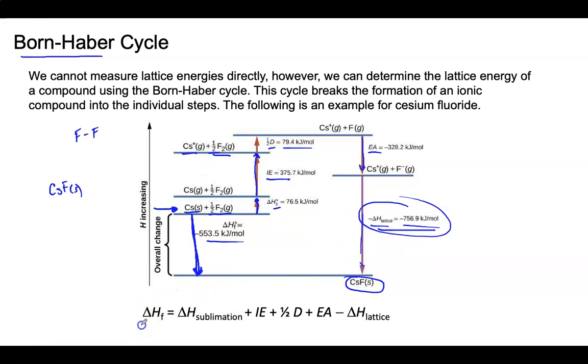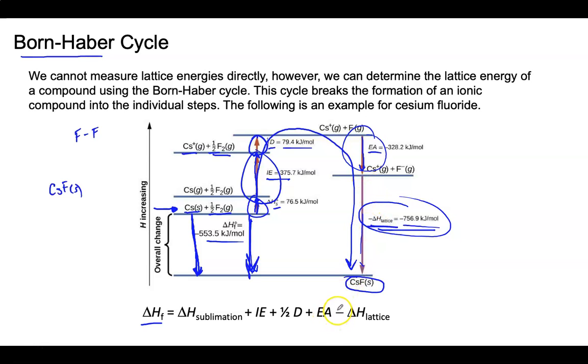Okay? So if we start at the heat of formation, this guy, is equal to this whole process. Okay, so I'm going to write the heat of formation is equal to the heat of sublimation, that one, plus the ionization energy, that one, plus 1/2 the dissociation energy, that one, plus the electron affinity, that one, and then plus the negative lattice energy because we want them attracted to each other, which is why that is.